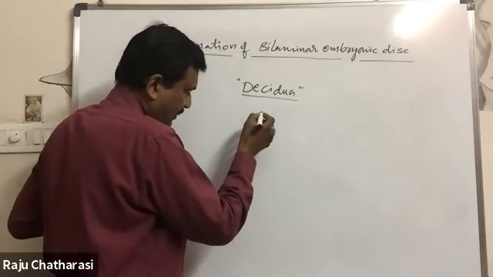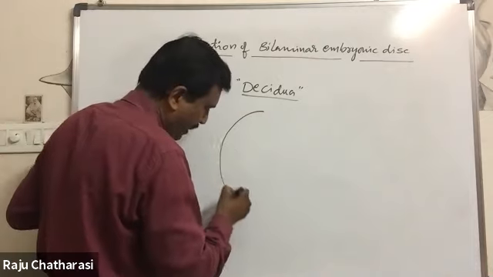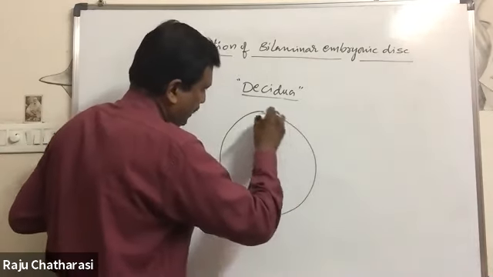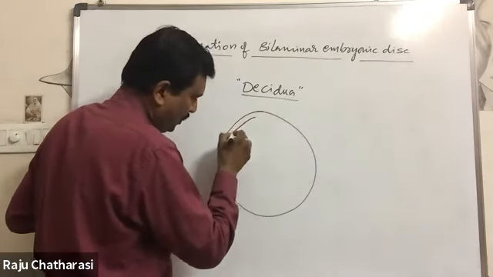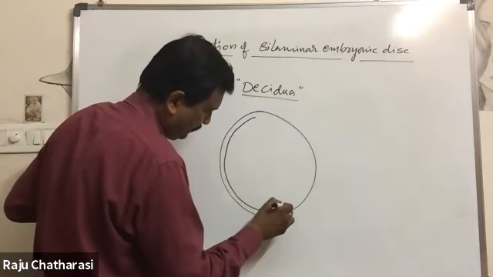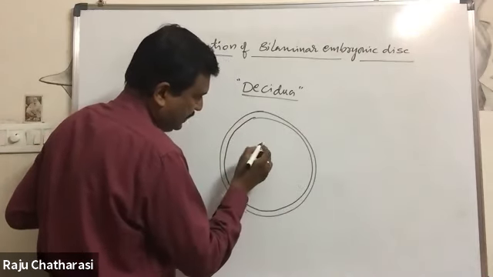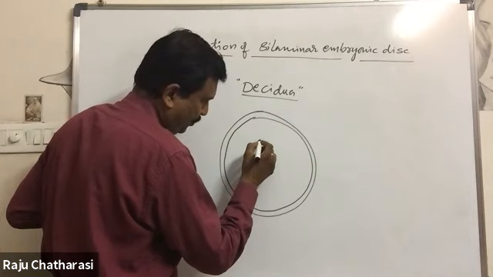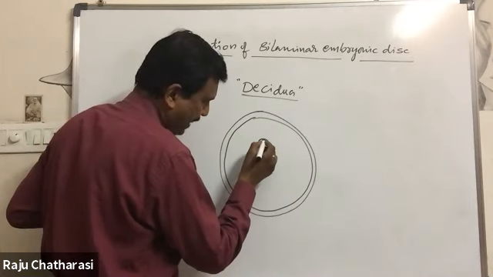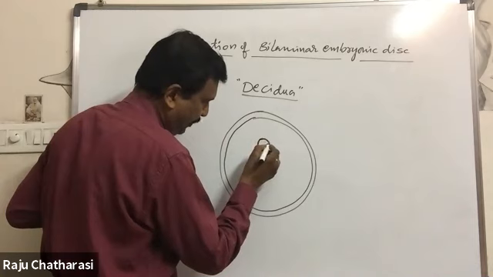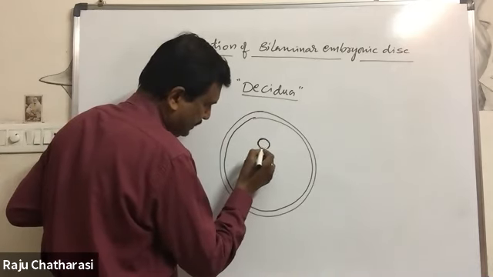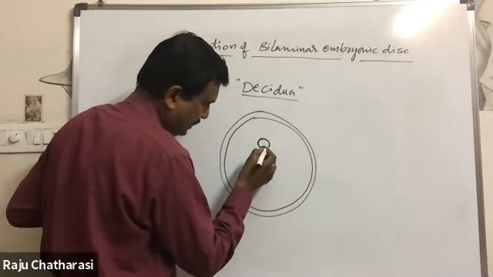See beta here, this is uterine wall. Please observe carefully. Uterine wall. Okay, this is disc, embryo. Here this is amnion. We will discuss later about amnion.